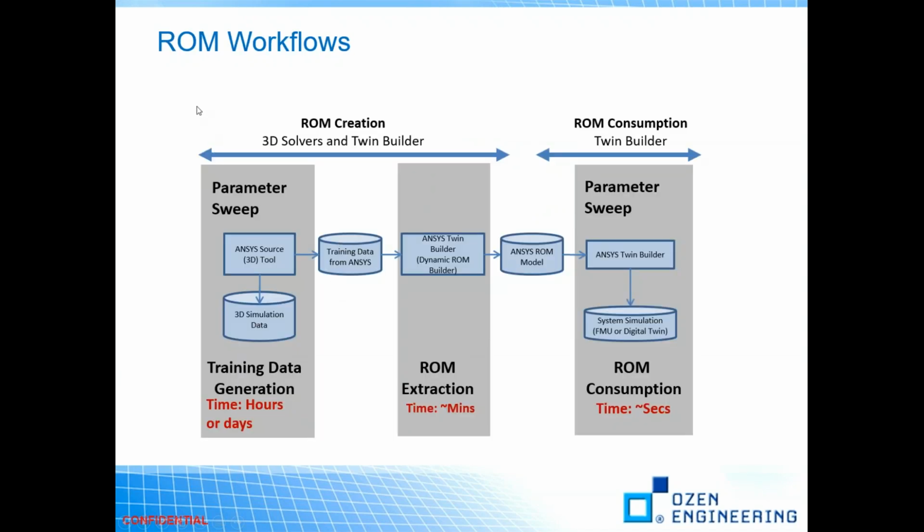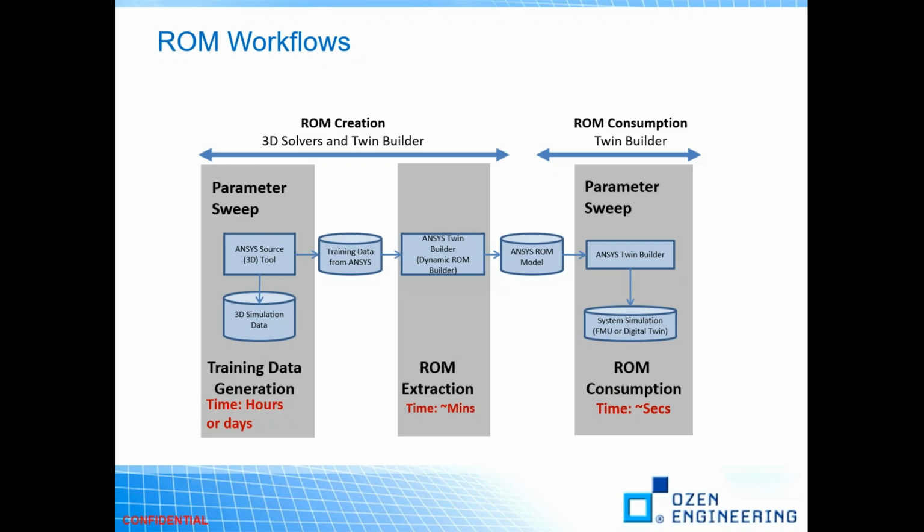The workflow of a ROM creation would be: on the left side we have the 3D simulation tool, the ANSYS 3D tool, and using the tool you get 3D simulation data. That's the traditional simulation idea we're talking about.